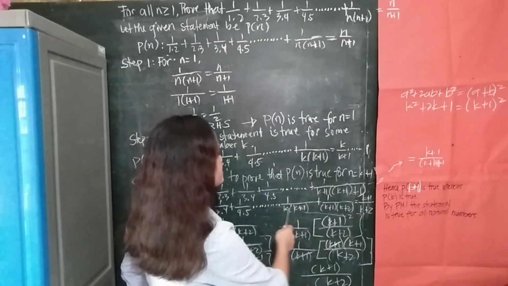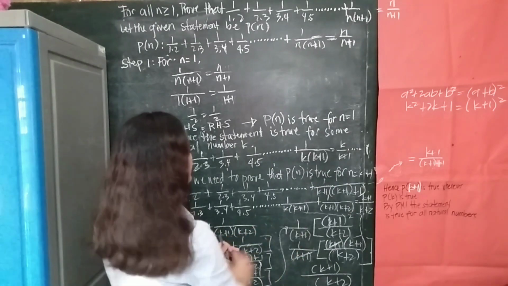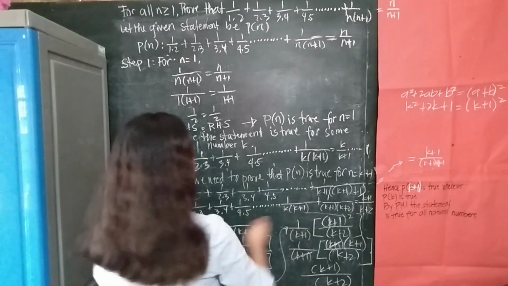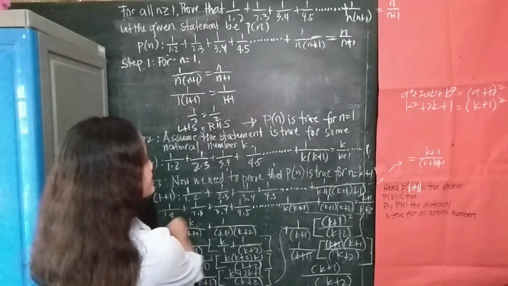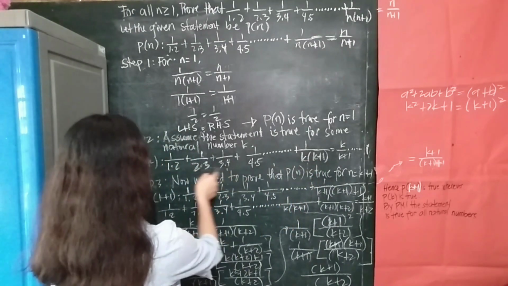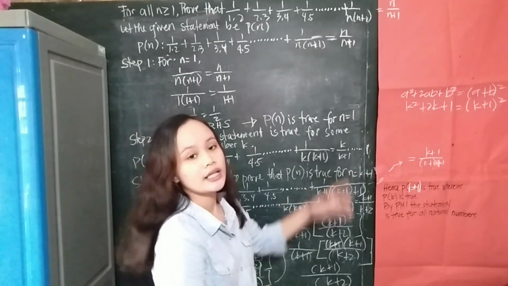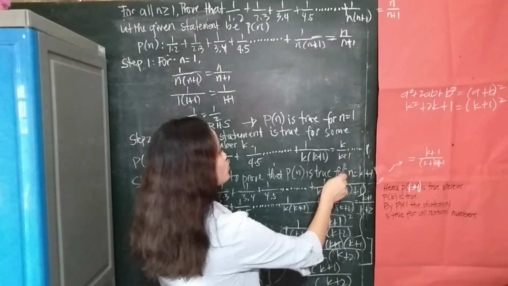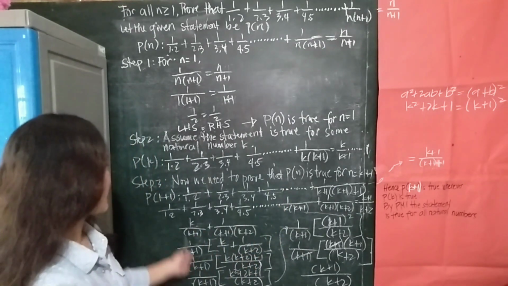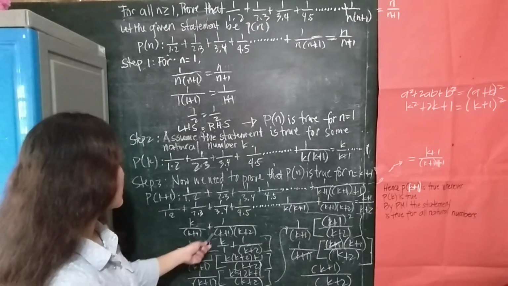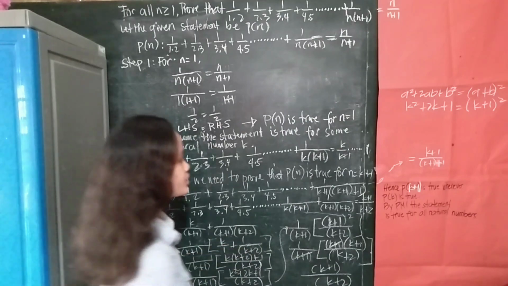That's why we get this from this. And this is the short term. So we can observe that this whole statement is the same as this statement. So we can now substitute the k over k plus 1 from this statement. So we have k over k plus 1 plus 1 over k plus 1 times k plus 2, since we copied this term.